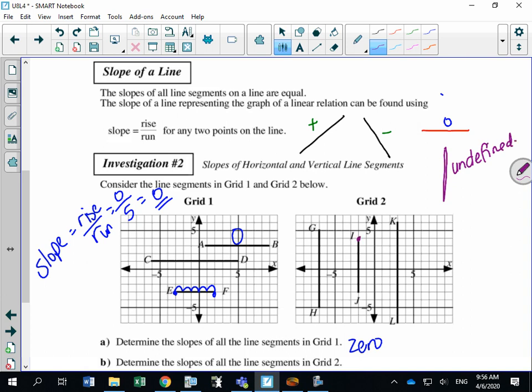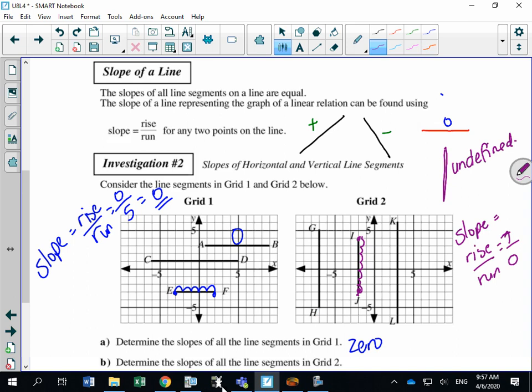Let's look at this line segment here. So slope is equal to rise over run. From I to J, I have to rise 1, 2, 3, 4, 5, 6, 7. 7, and I'm running 0, right?